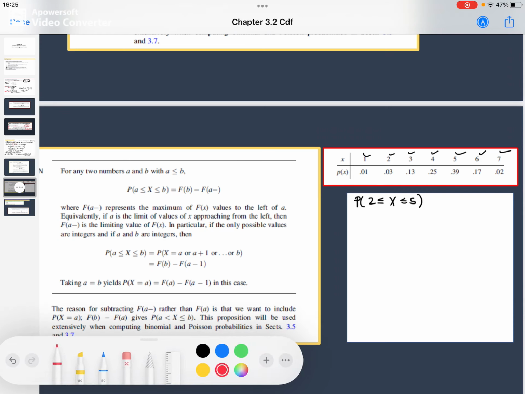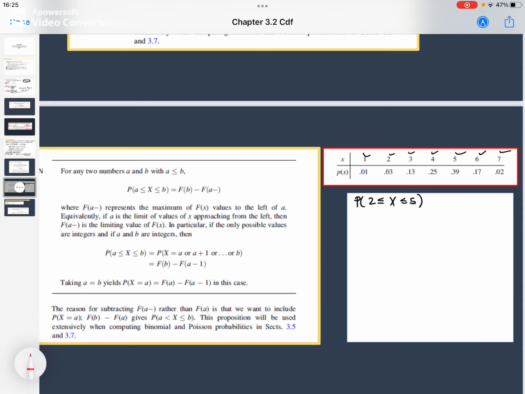Now, if we first look at the PMF, we have to see which x values are between 2 and 5, including 2 and including 5. So these are x values 2, 3, 4, and 5. Out of all the possible values for the variable x, the only x values that fit this criteria are 2, 3, 4, and 5.